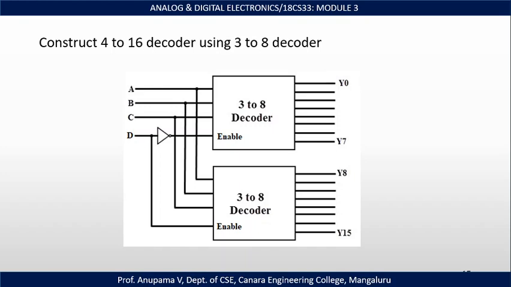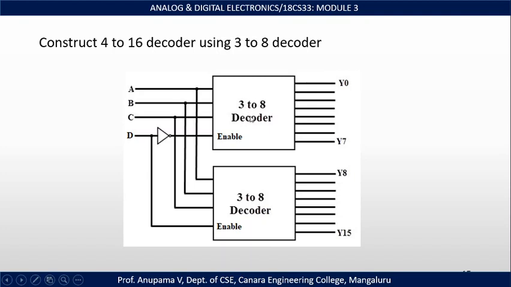Now we have to connect two 3 to 8 decoders and one of the input variables is selected as the enable input. Here I have chosen D as the enable input. When D is 0, the upper decoder is enabled. When D is 1, the lower decoder is enabled.